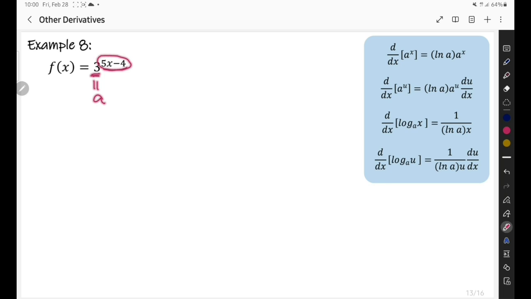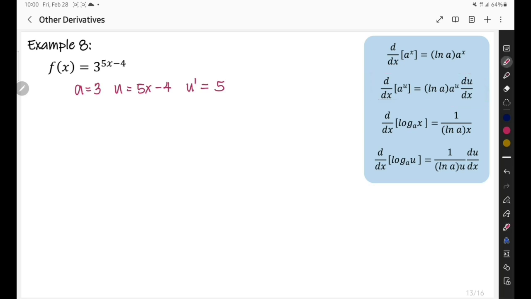But this time, our exponent is a function, so we have a u, right? So you can write that your a is equal to 3, and your u is equal to 5x minus 4, and then your u prime, because we need the u prime, is 5, no? In this case, we will use this formula.